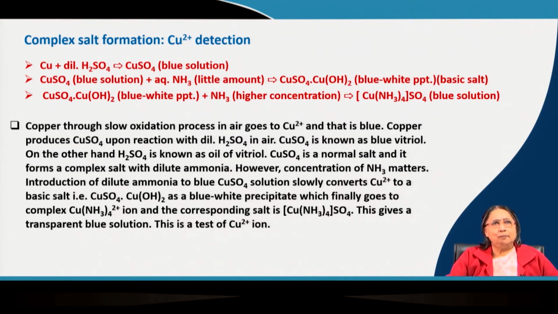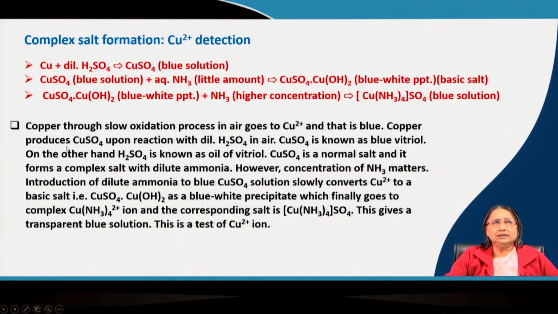Now, when you keep copper in air, it slowly goes to copper 2 plus. You see some blackish tint on the surface of the copper metal, that is nothing but copper oxide, and copper 2 plus we know is blue in color.